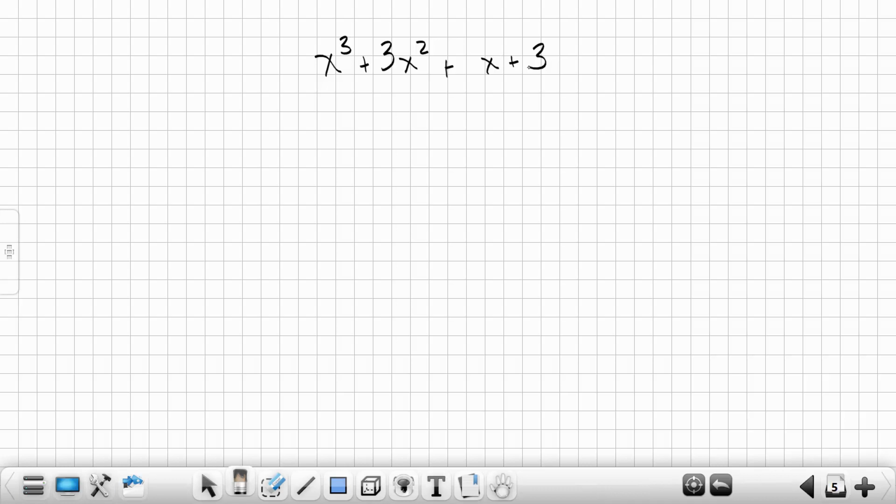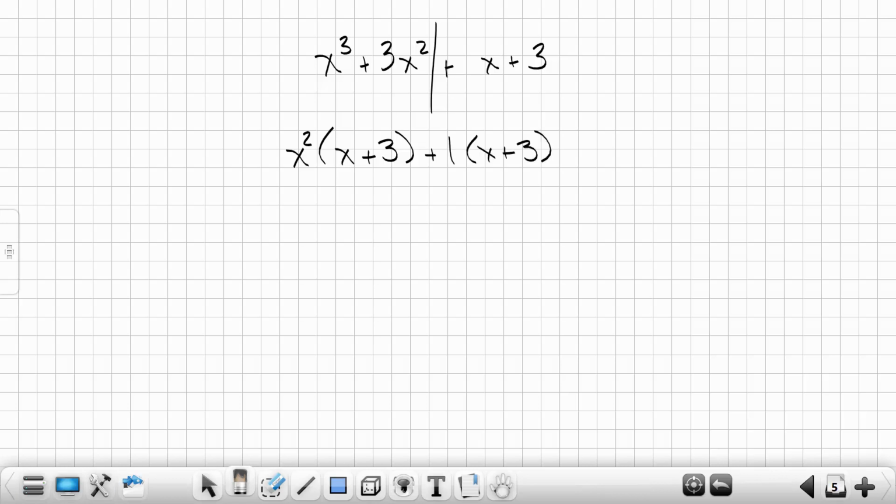So Amanda, what can I factor out of the first two terms? X squared. And what would I have left over? What can I factor out of the second two terms? 1, there's nothing in common. Then I have x plus 3.